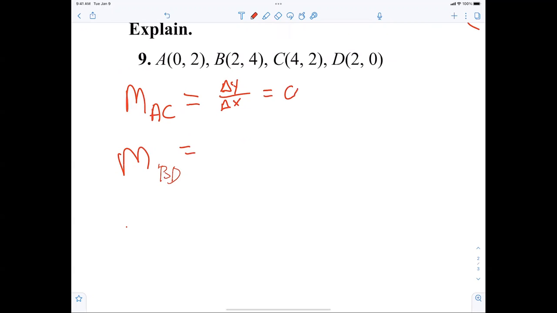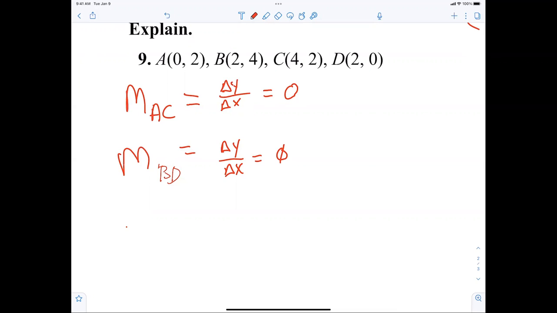And what's the slope of BD? No slope, right? So are they perpendicular? Yeah, they're perpendicular, right? So it's either a rhombus or a square. Does everybody agree with this?